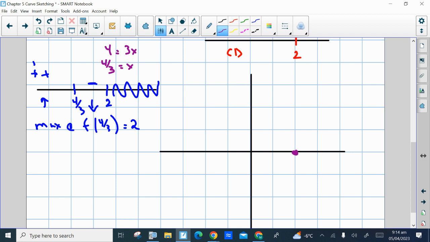We do have a maximum point at 4/3, comma 2. Oops. 4/3, 1 1/3, comma 2 is approximately there. And we have one x-intercept at 2, the other one at 0. The graph is concave down. There's no points of inflection there. So the graph's going to look something like this. And there we go.